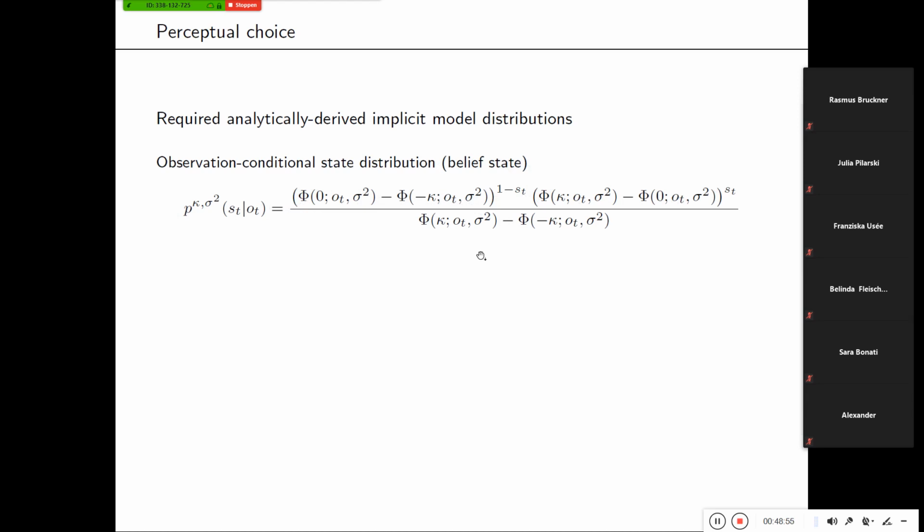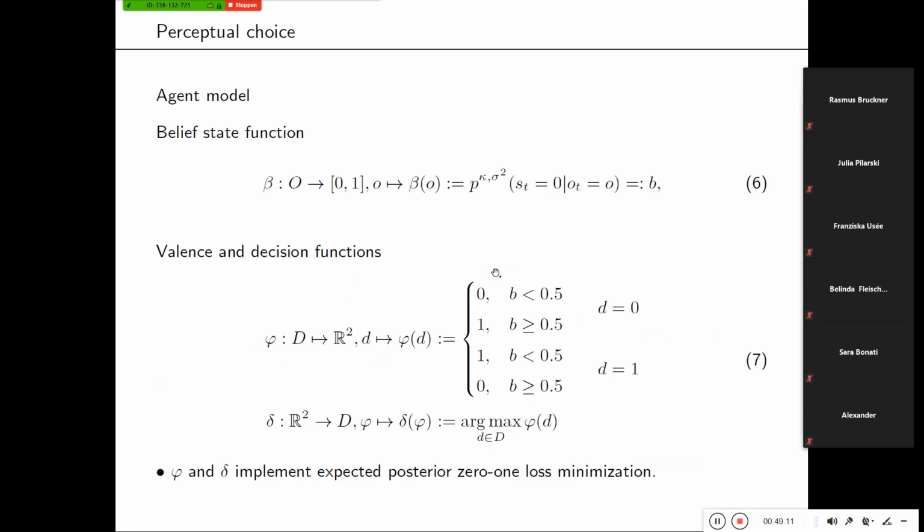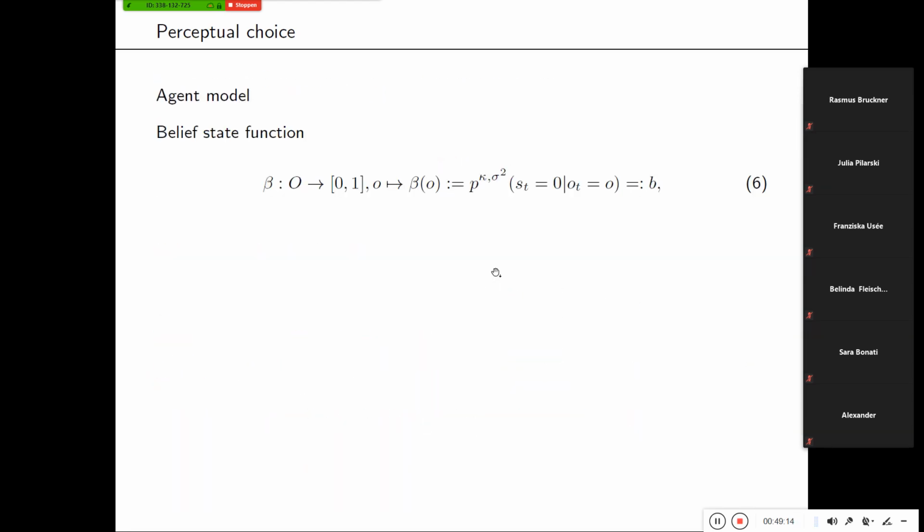There are some derivations involved. These will be included in the tutorial. I will not explain in detail how we did that, but the point is often you can find analytical formulas for the belief state due to the fact that the probabilistic model that you define is fairly simple.